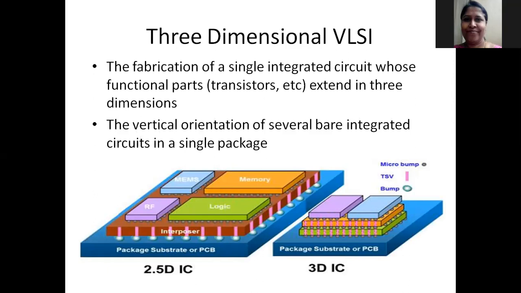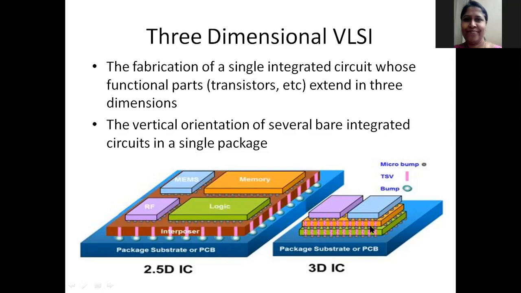So in three-dimensional VLSI, what we do is, instead of having different systems on a single chip in a two-dimensional pattern, we go for a three-dimensional pattern wherein we can stack multiple chips one over the other and do the interconnections with each other.